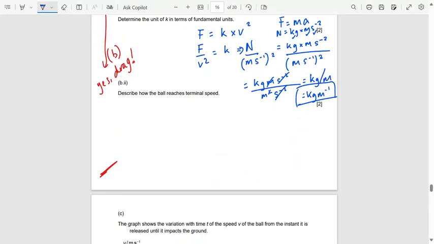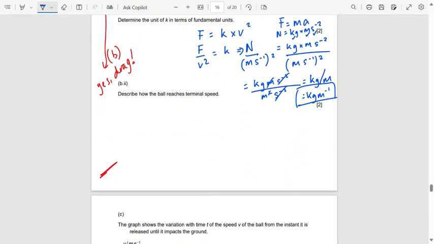Describe how the ball reaches terminal speed, terminal velocity. So, if something has terminal speed, it means there is no acceleration. Initially, there is a resultant force, which equals ma, and that comes from the acceleration due to gravity.